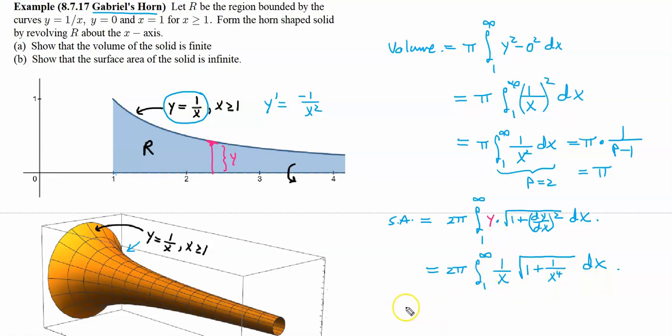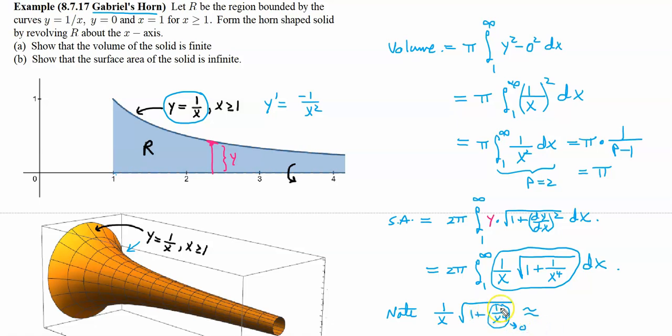So now notice that if we look at the integrand here, we'll notice that that integrand for x very large, this is just going to behave like 1 over x, but the square root, as x gets really large, this is going to go to 0, right?